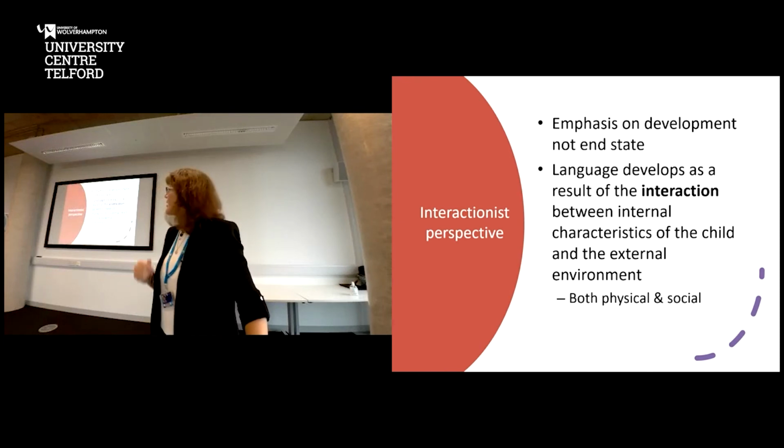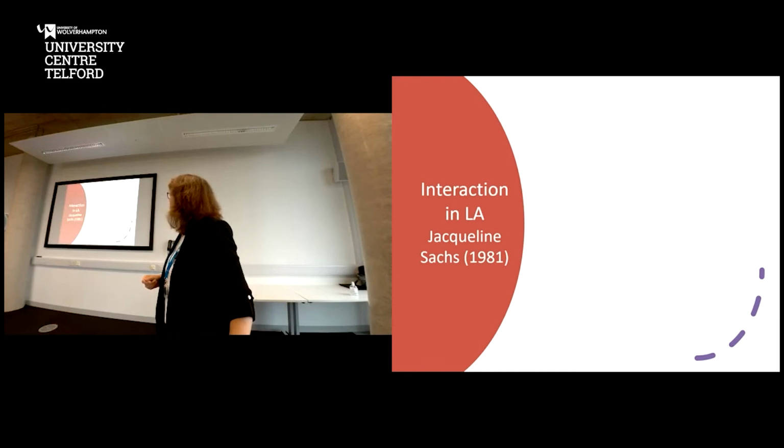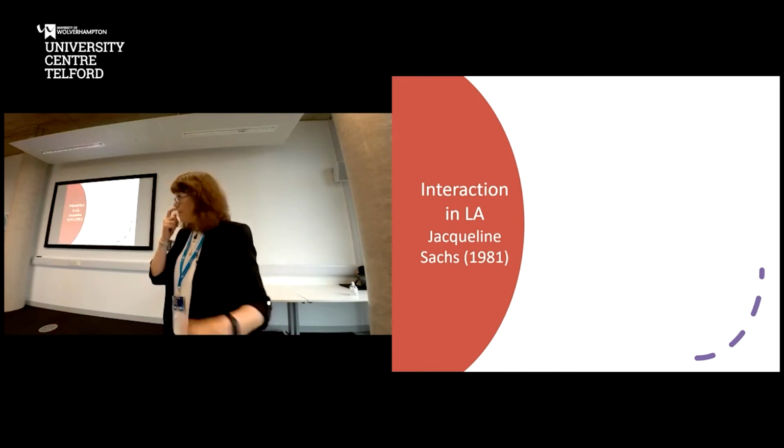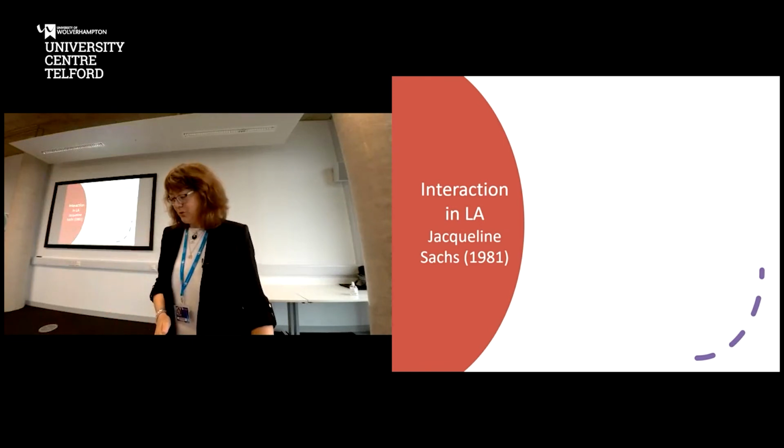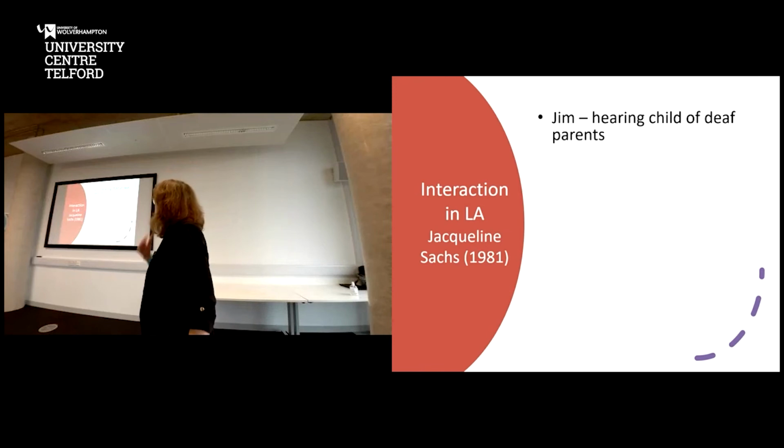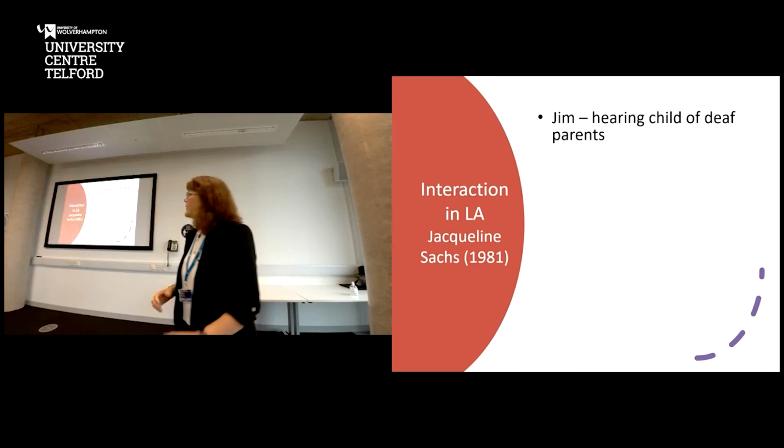And this is an example that's often used for the benefits and the importance of interaction. And this is a good news story. This is a nice story. So this was a piece of research that was done by Jacqueline Sachs in 1981. And there was a child called Jim.